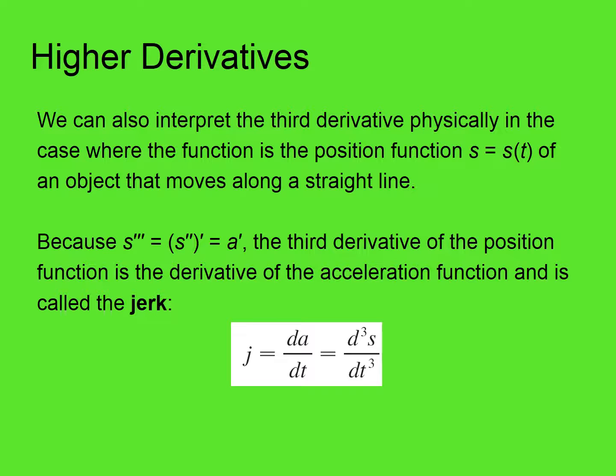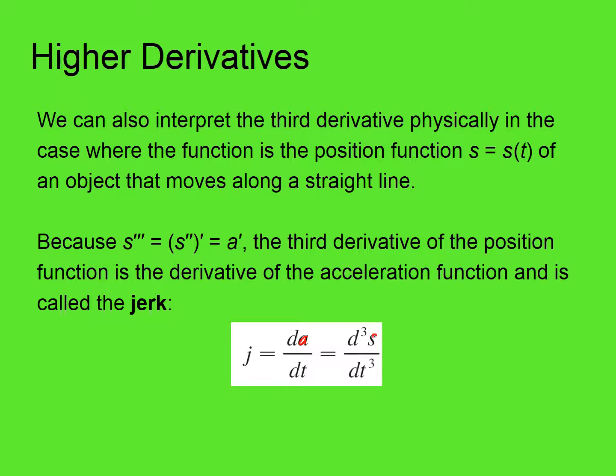The third derivative of the position function is the derivative of the acceleration function, and is called the jerk. So jerk is the derivative of acceleration with respect to time, which is the third derivative of the position function with respect to time.